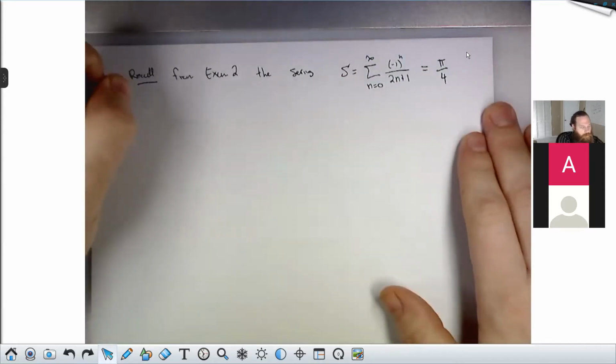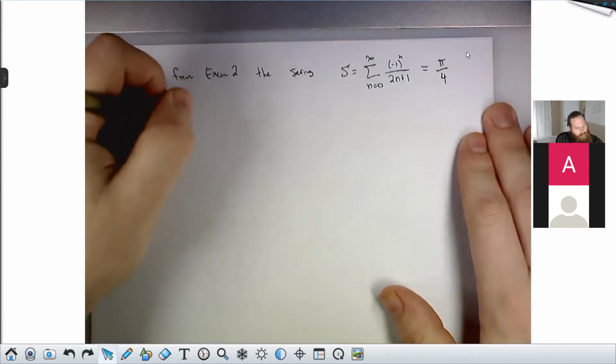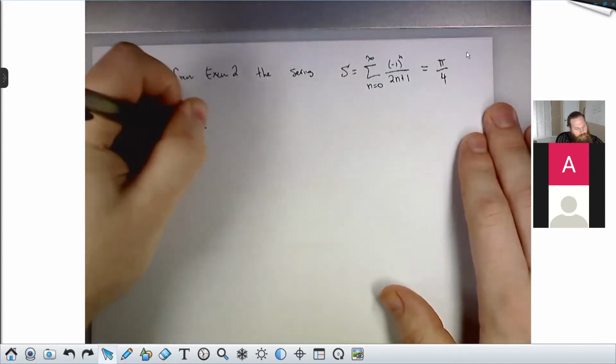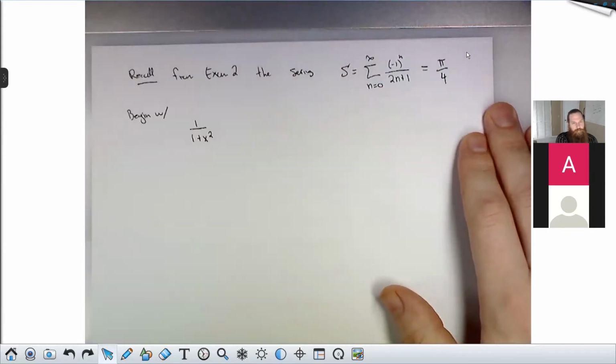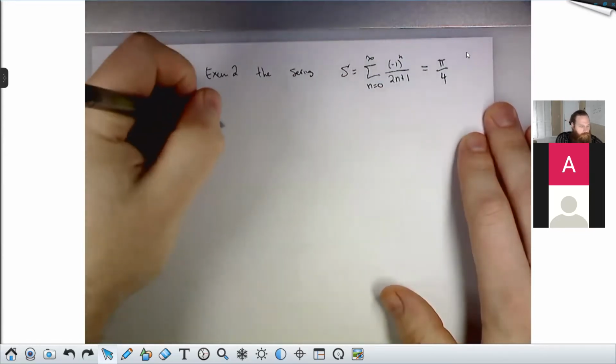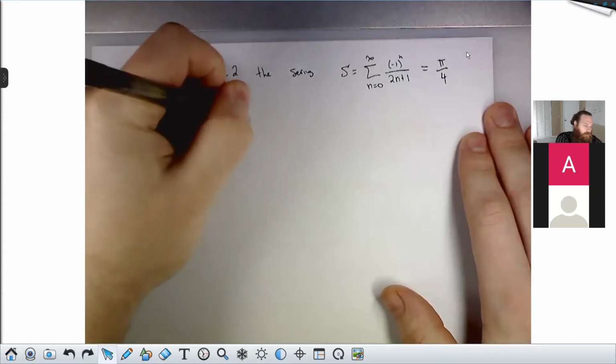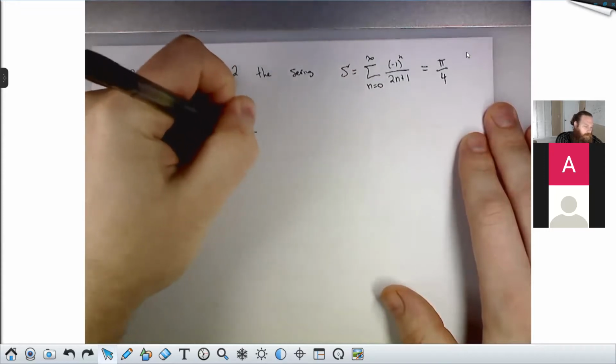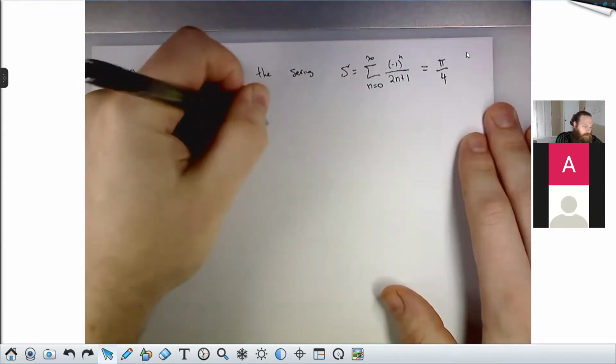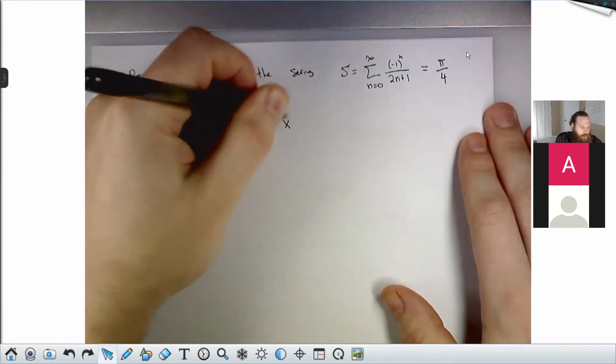We begin with 1 over 1 plus x squared. This is the series that we just found a minute ago. This is sigma n from 0 to infinity, -1 to the n, x to the 2n.